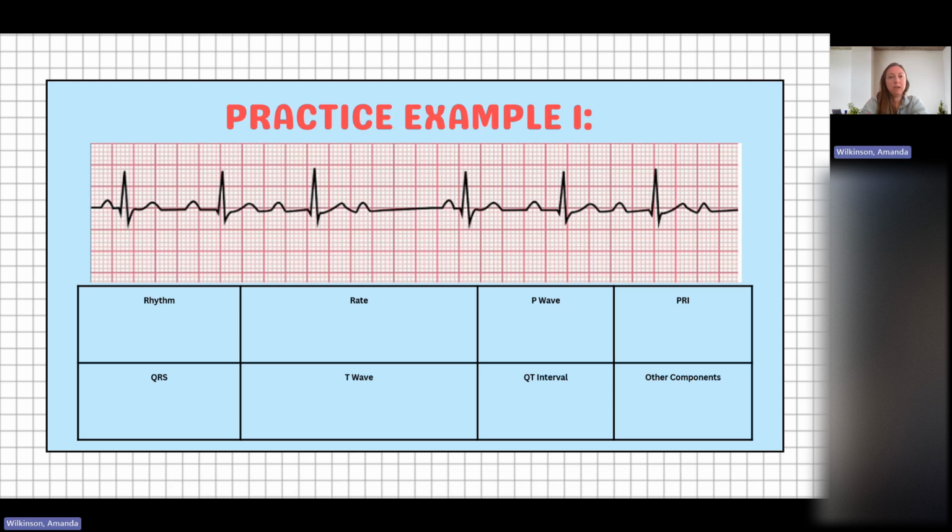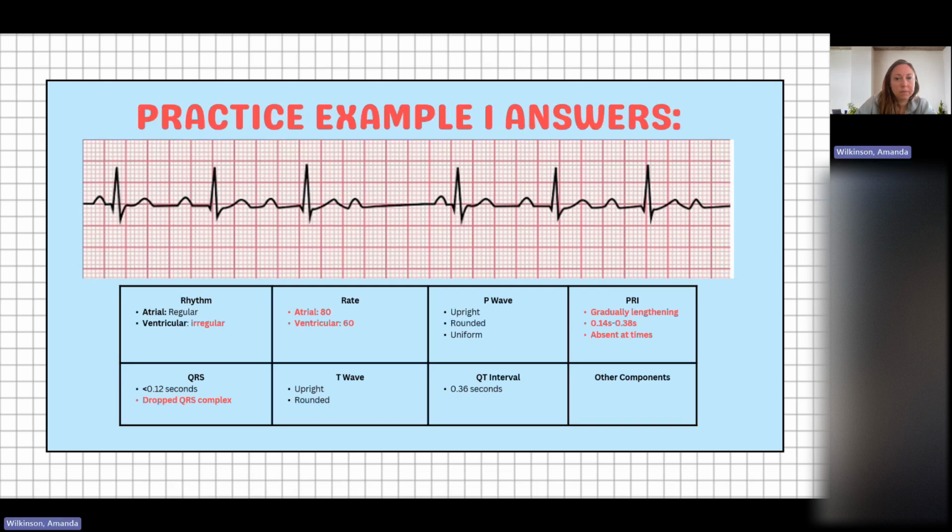I will give you guys a minute to interpret this rhythm. Okay.